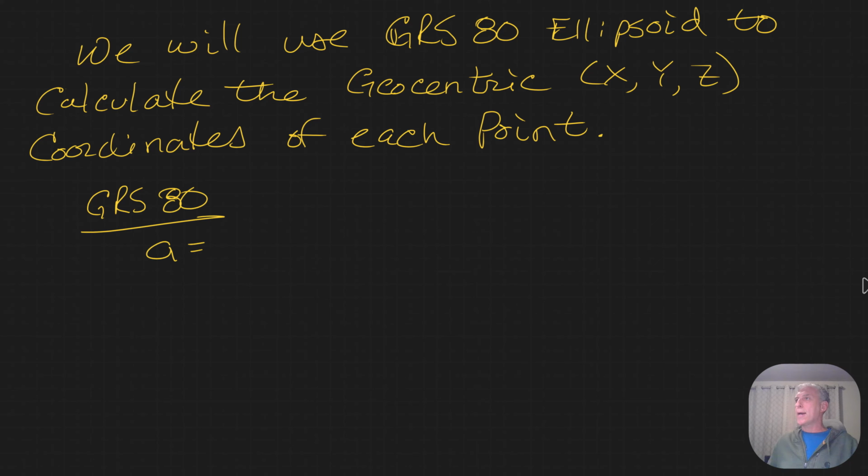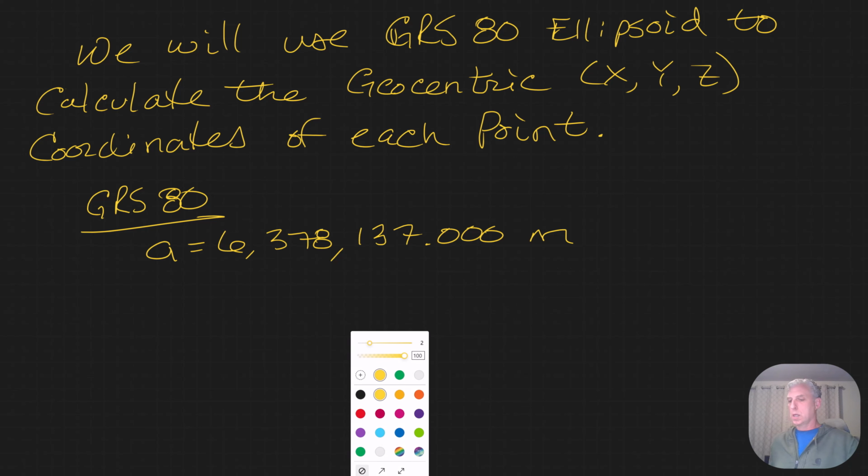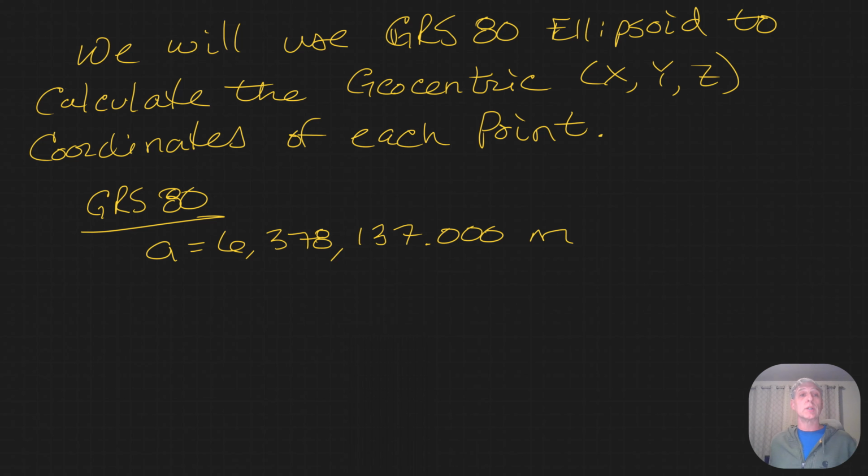We have A equals 6,378,137 meters. And that's exact. I'll put 0.000. That's the definition of GRS 80. And the next parameter, the other parameter of the ellipsoid, remember that with modern ellipsoids, we're usually not given the B or the length of our semi-minor axis.